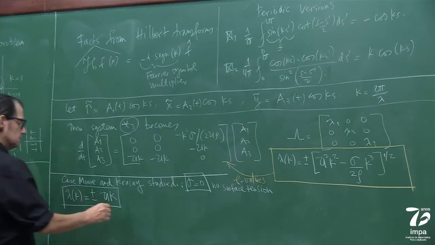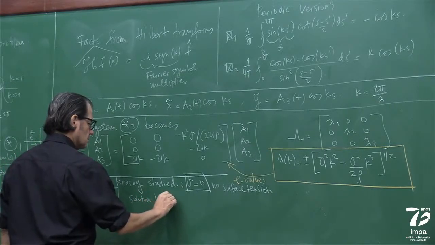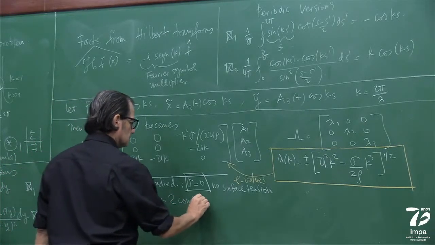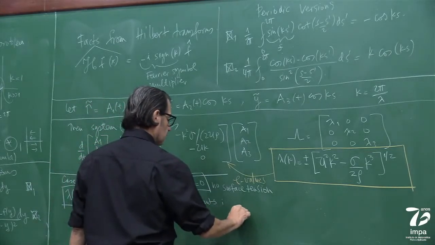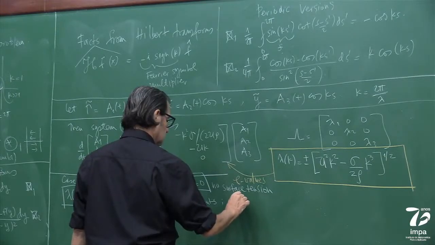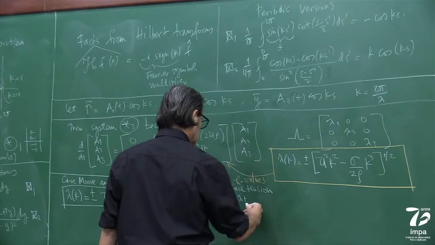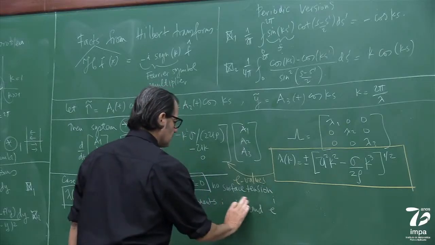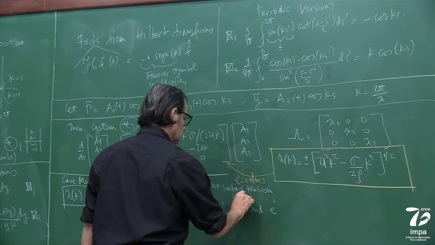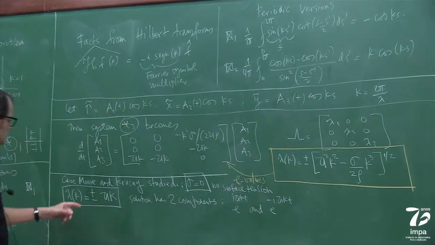Okay, so we're going to have a solution that has, say, two components in the sense of an e to the I lambda t, and e to the I, or let me actually write it better, e to the UKT and e to the minus UKT, because the eigenvalues are plus or minus this. Okay?